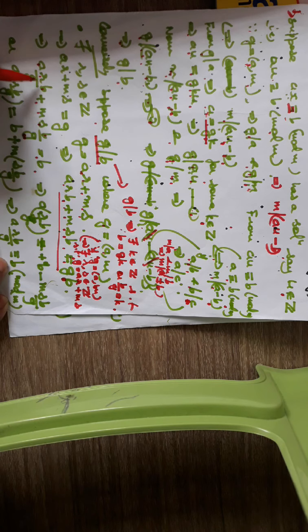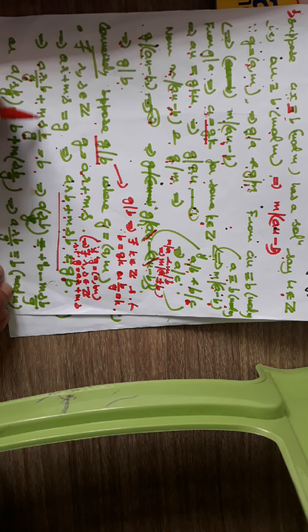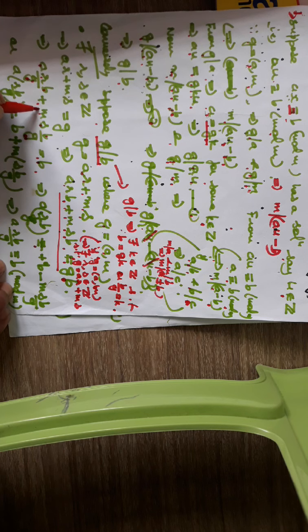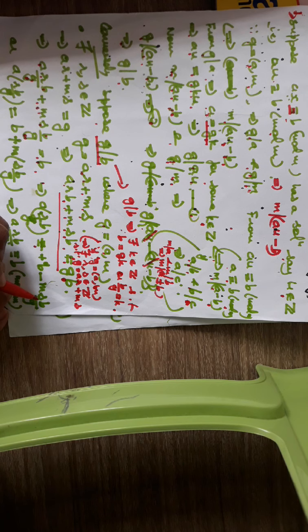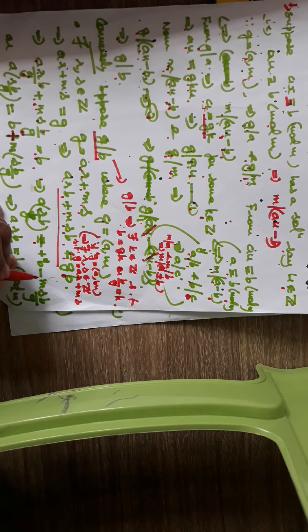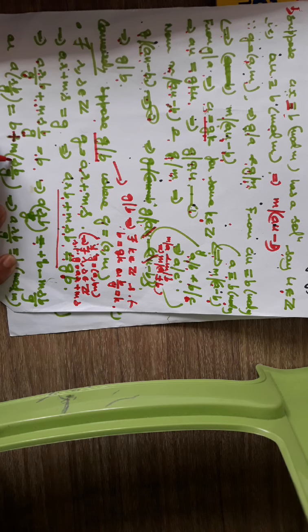So this implies, rearranging them, you can write AR into B by G is equal to B minus, when you bring this to this side, MS into B by G. Or you can write A into RB by G is equal to B plus M into minus SB by G.